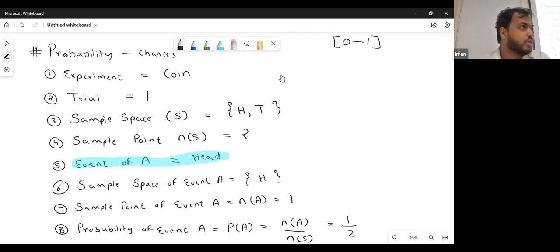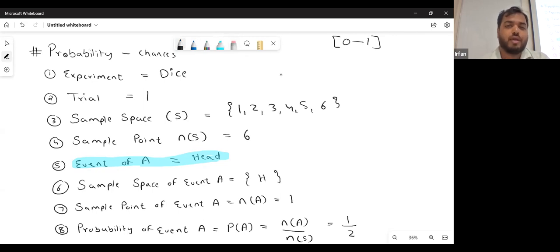I'll change the scenario, guys. Let's say I have a dice. I throw a dice one time. What are the possible outcomes? 1, 2, 3, 4, 5, 6. How many sample points do we have? 6.